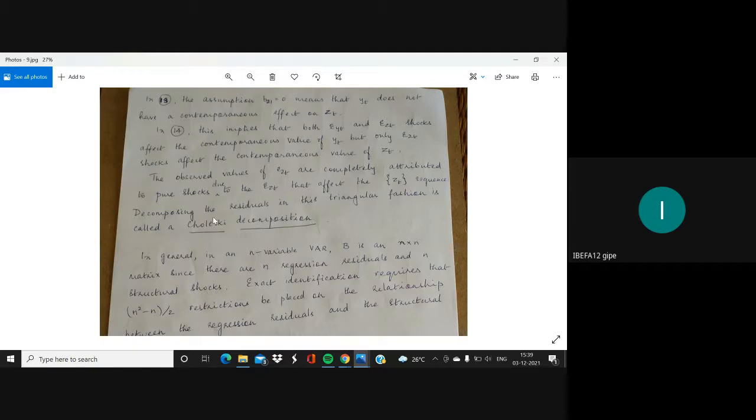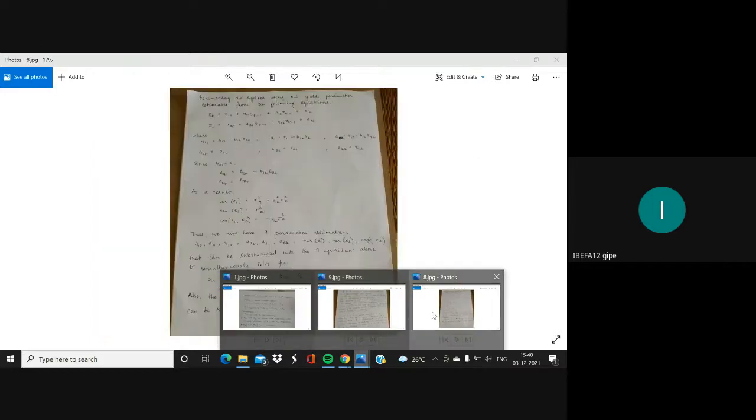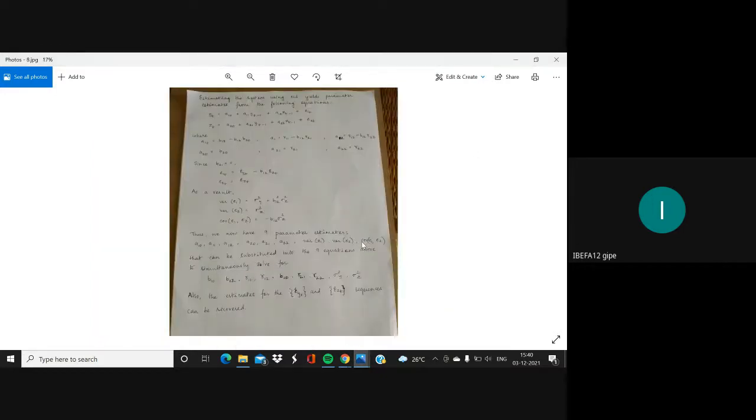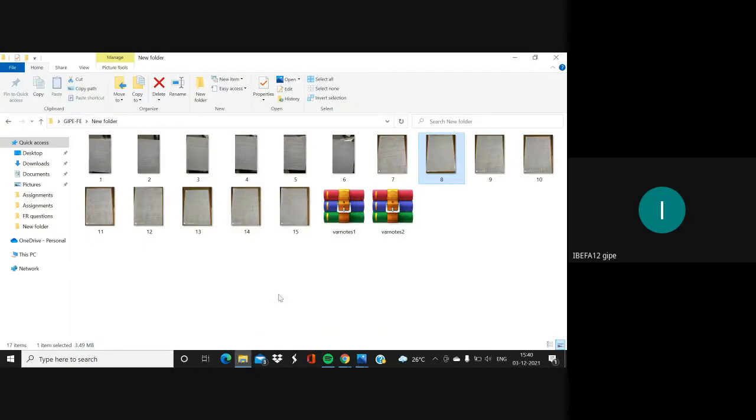So this term is something that you might come across very often for VAR models. Whenever you impose a restriction on one of the contemporaneous variables this way, in our case we have restricted B21 equals 0, it ends up having an effect on the residuals. So if you look at the matrix here, let me just go back to this. I think it's on page 7.